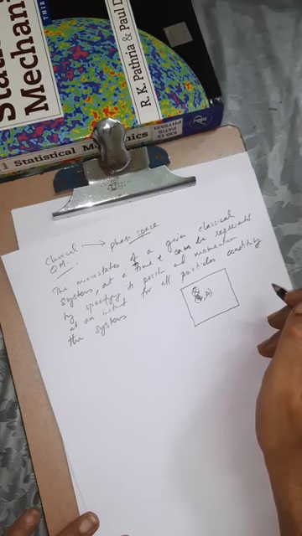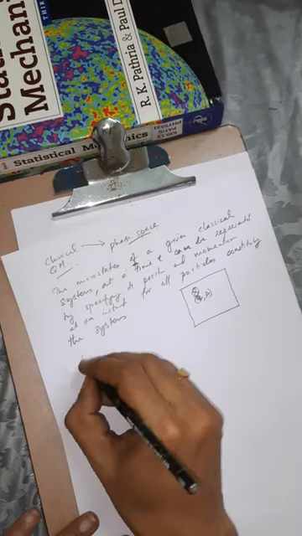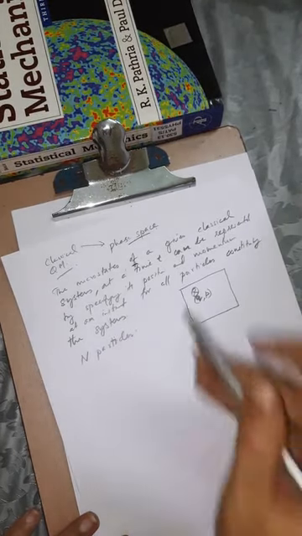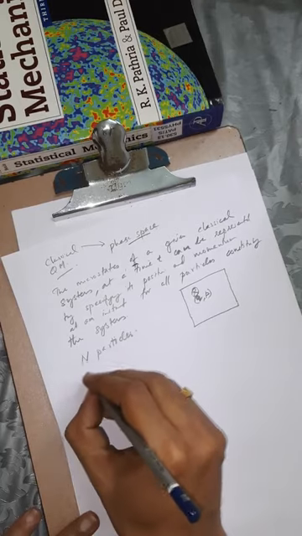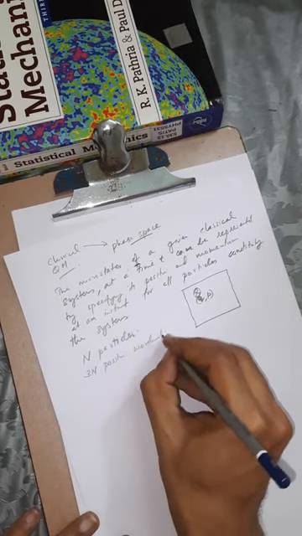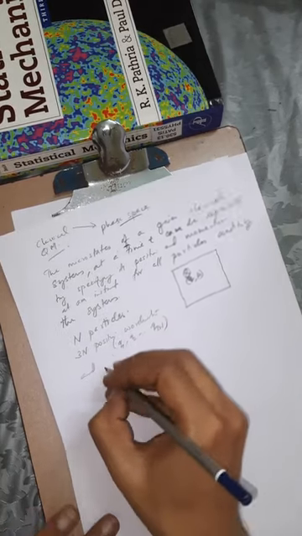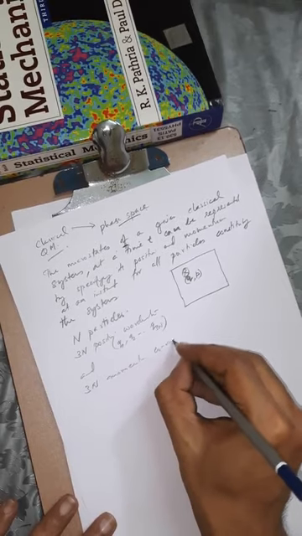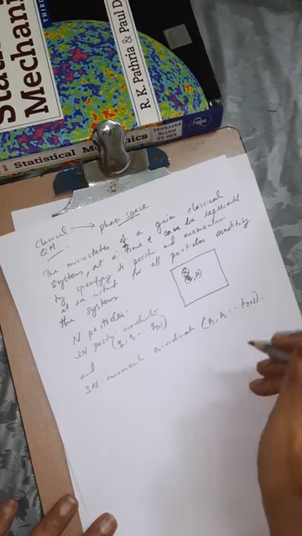So the question is, if there are n particles, there will be 3n position coordinates, Q1, Q2 up to Q3n, and 3n momentum coordinates represented by P1, P2 up to P3n.